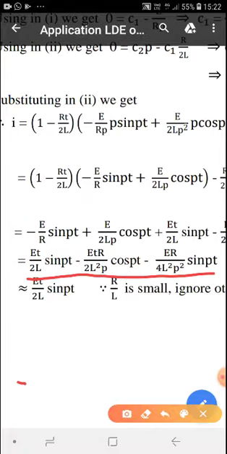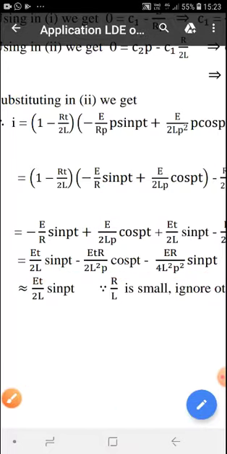Since R by L is small, ignoring the terms containing R by L means ignoring the second and third term. Remaining will be only the first term. So I will be approximately equal to Et divided by 2L into sin pt. At a time t, the current I in the circuit is given by approximately Et divided by 2L sin pt.